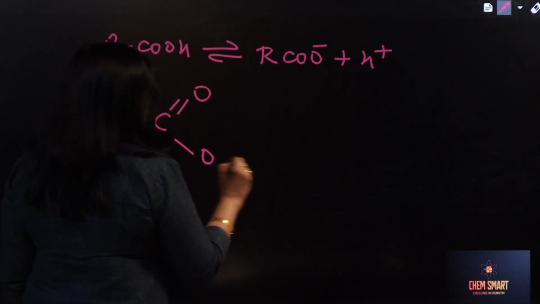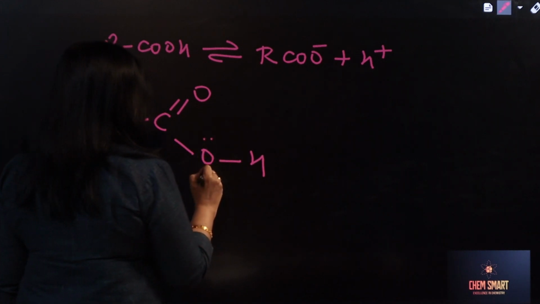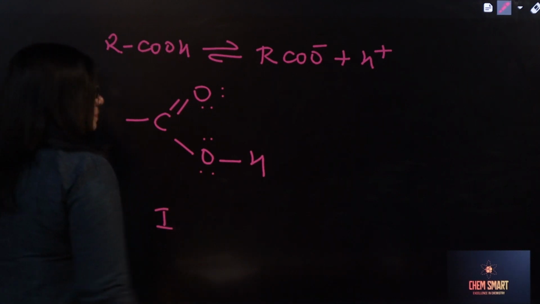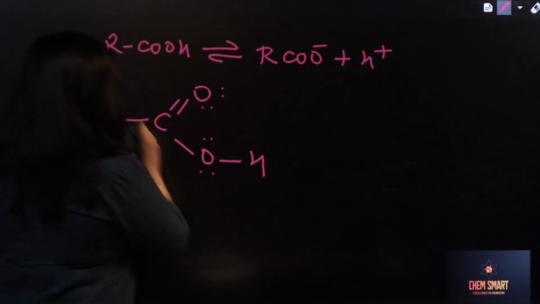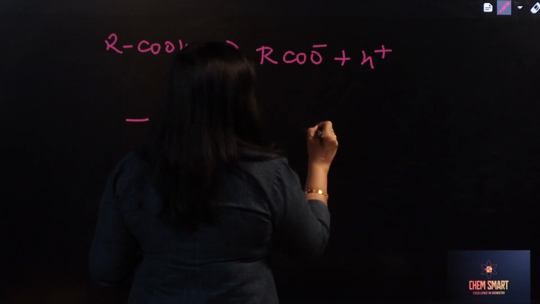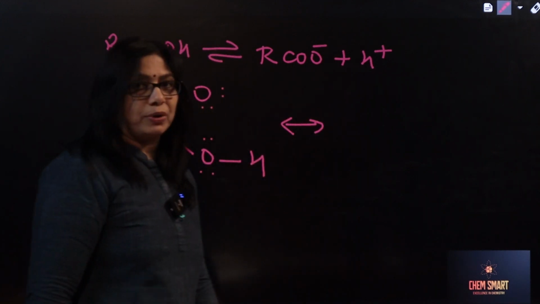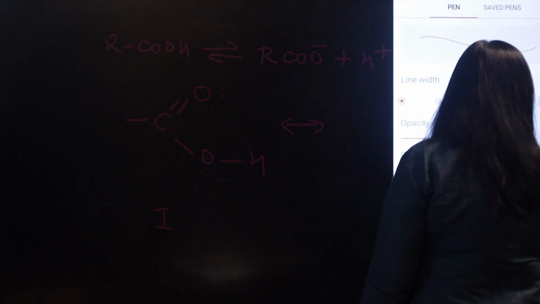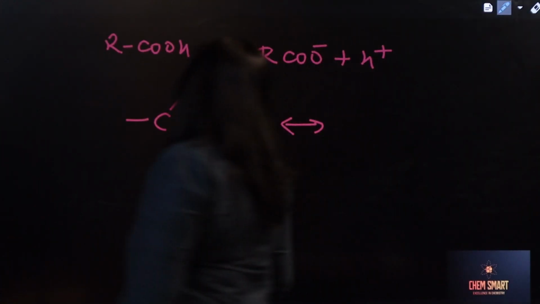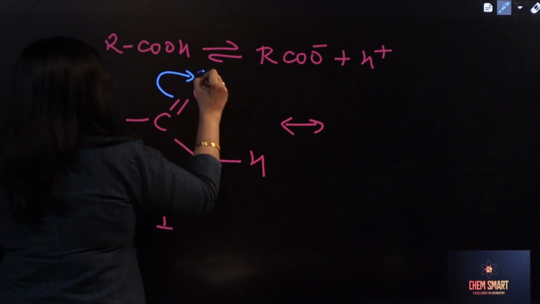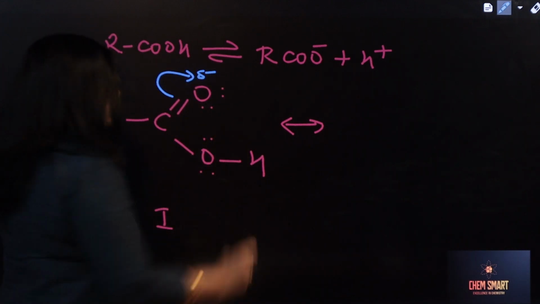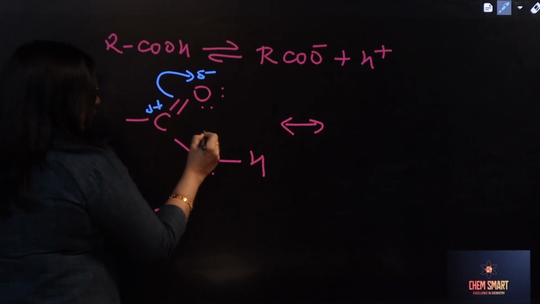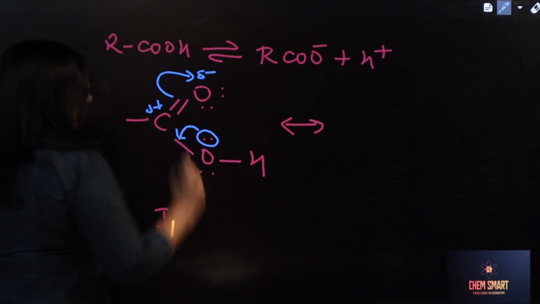This is the carboxylic acid. This is structure number 1 when we draw resonance, RCOOH. Now, what is resonance structure number 2? We have to see what type of shifting is possible here. There is a shifting to the more electronegative oxygen atom, making it negative, and this carbon will become positive. So to cancel this positive charge, one of the two lone pairs can get shifted here.